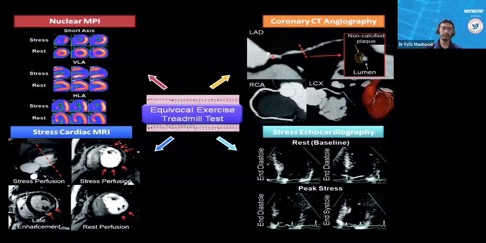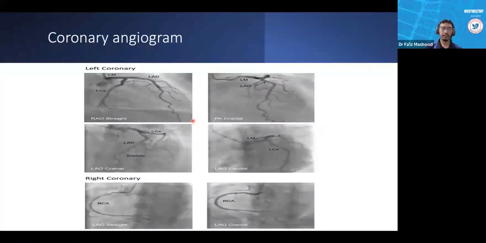If the tests are available in our center or in a nearby center, EST is inferior to all of these. That's why in the evidence from ESC, they rarely mention EST. They mainly mention CTCA and the functional tests, which are DSE, cardiac MRI, and nuclear perfusion.